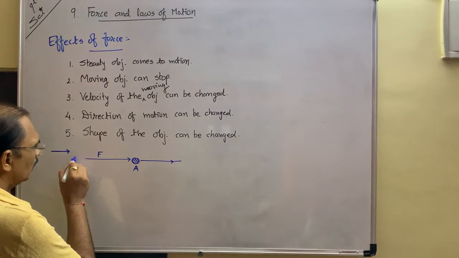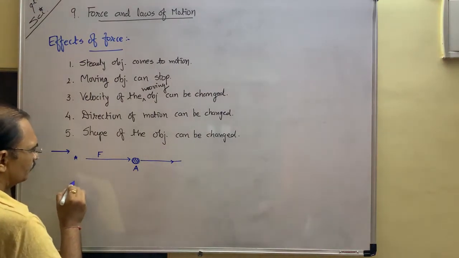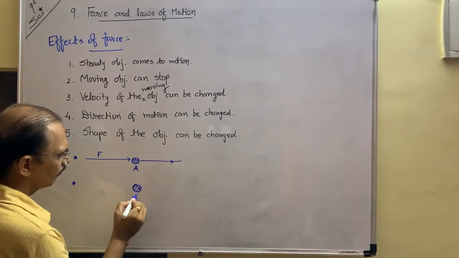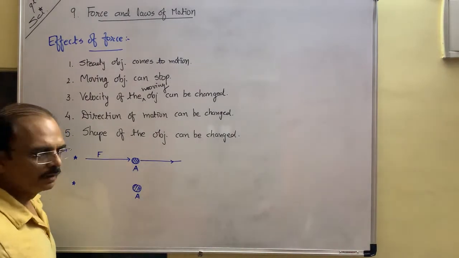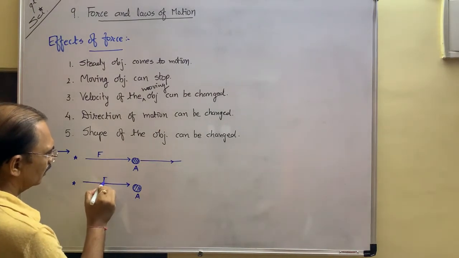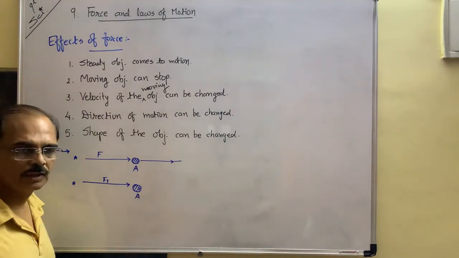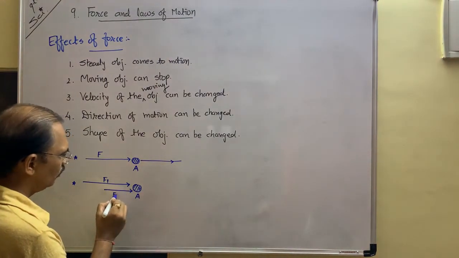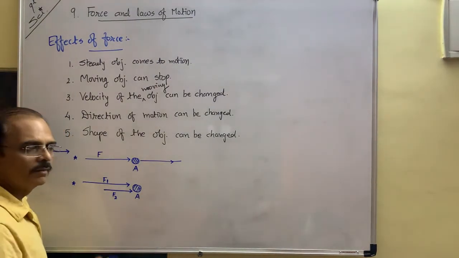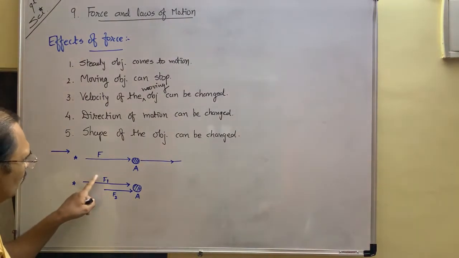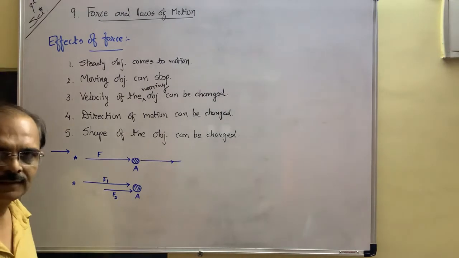Now suppose another example, an object again A. Now force is applied on it in this direction, F1, first force. At the same time, a second force is also applied, F2. Because of the length of the arrow, you can say that F1 force is more, whereas F2 force is less.